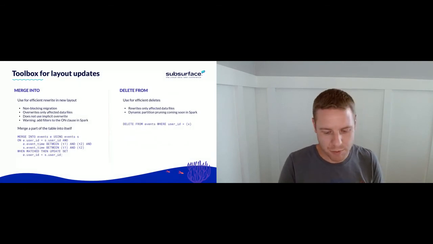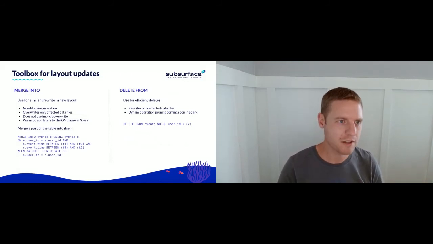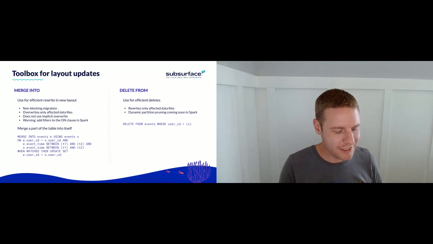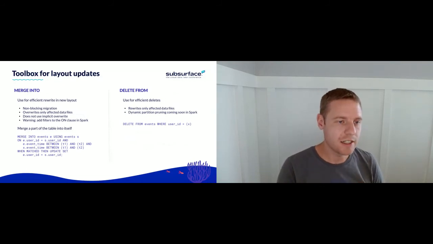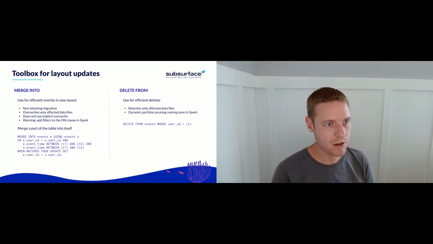The next problem that arises is, remember, we were just defining a new partition spec. So we actually still need to incrementally move all of the data from the old partitioning by hour into the new partitioning by hour and bucket. To do this, I recommend using merge into. Merge into is a newer command.